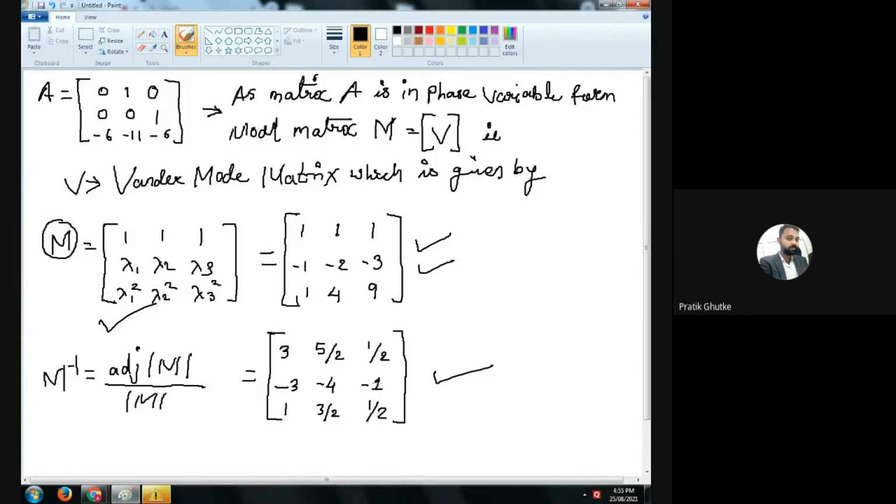Now I am moving forward with the explicit solution. So what is this lambda term? You have to keep this formula in mind: lambda equals M inverse into A into M matrix. M inverse I have just now calculated. The A matrix you have been given in the question, and M, that is the modal matrix, I have also calculated. So put all these matrices together and simplify.